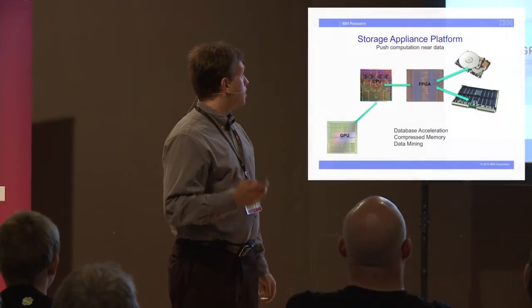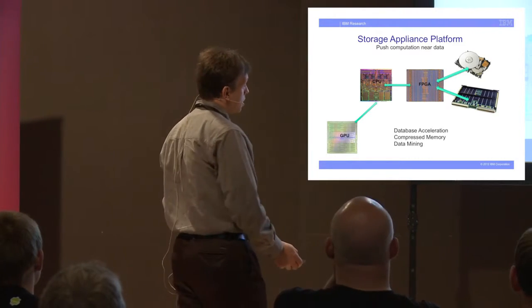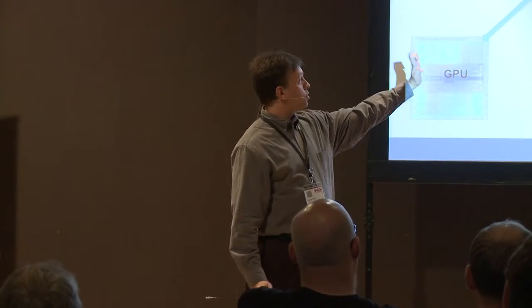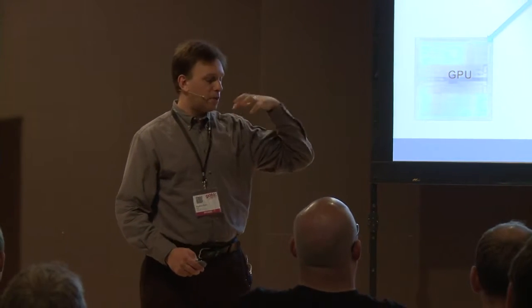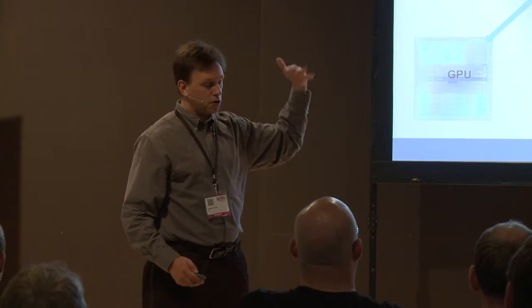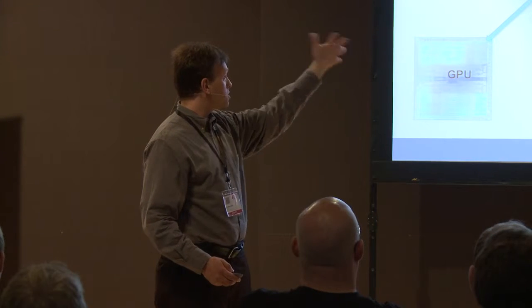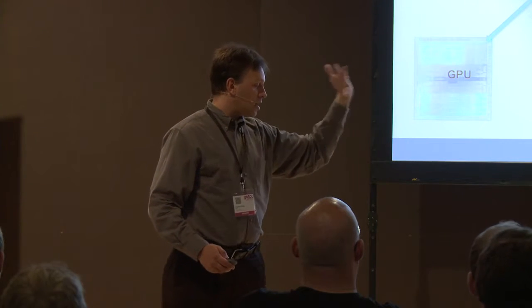of your calculation. Another model, which is sort of the same idea, is using what we call a storage appliance. In this case, the idea is if you can put an FPGA very close to your storage, and you can architect your system to have much higher bandwidth between your storage devices, say your flash or a solid-state disk or even your regular disk, by putting processing logic very close to that, you can get higher bandwidth.